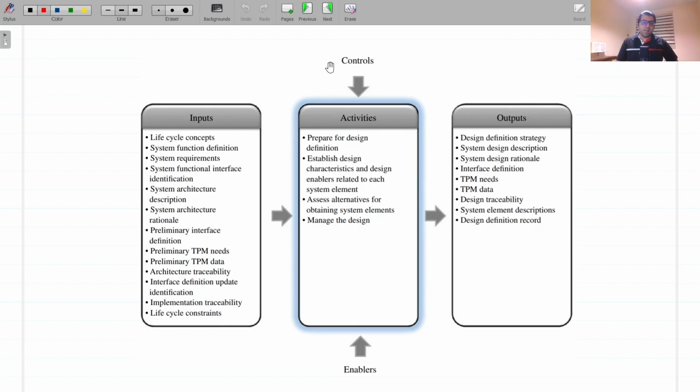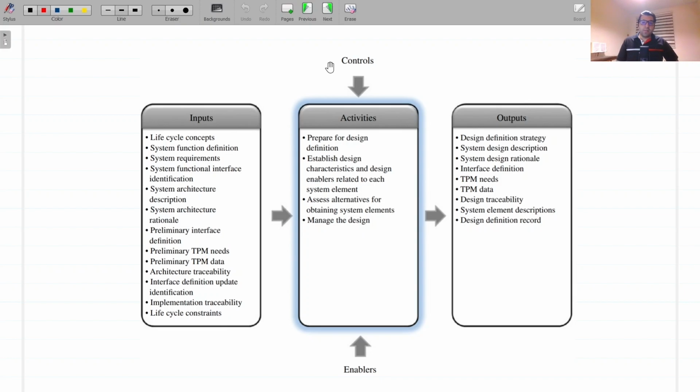Design concerns every system element, for example, composed of implementation technologies such as mechanics, electronics, software, chemistry, human operations, and services, for which specific engineering processes are needed. The design definition process provides the detailed information and data that enable the implementation of a particular system element.